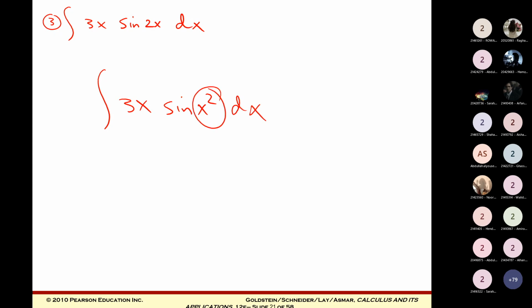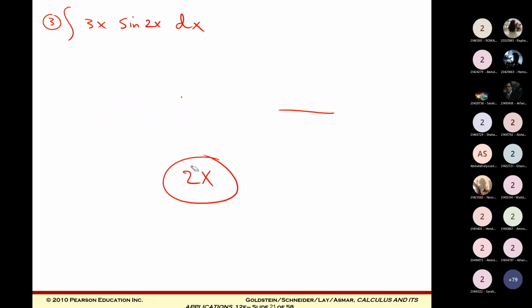Why? Because the derivative of the angle is 2x, and we can find the x outside the sine. So this is by substitution. But our example number 3 is by parts.